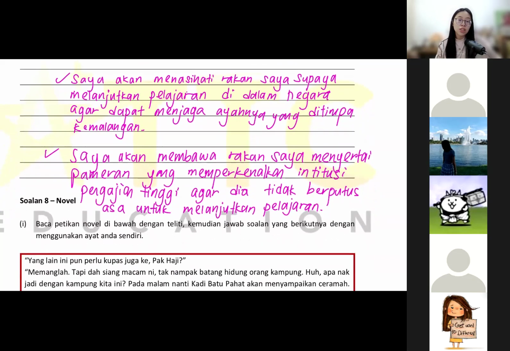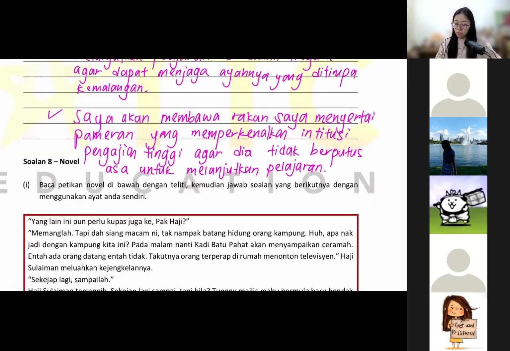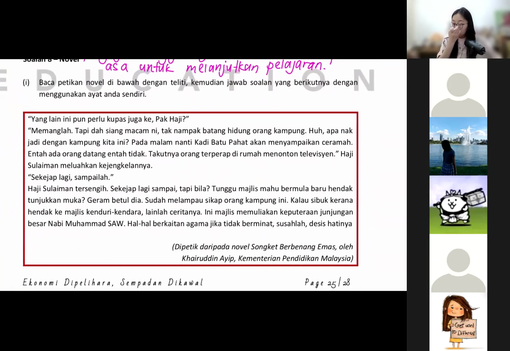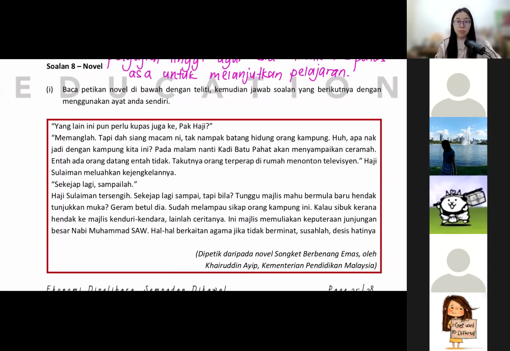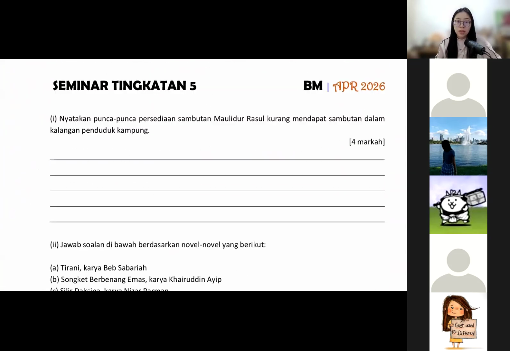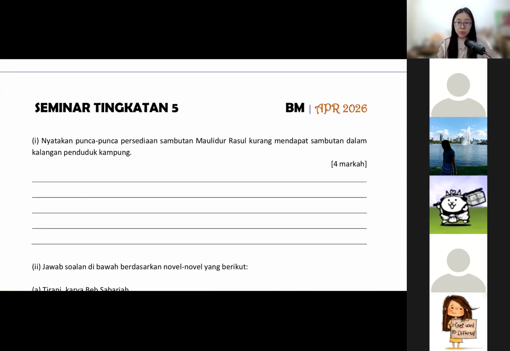Okay, normally question number 8, like 3, 2, 1. Number 8, the first question normally is based on the petikan. So you need to at least find the answer from there. Don't just leave it blank. Got answer in here. Now, this one is saying punca-punca persediaan sambutan Maulidur Rasul kurang mendapat sambutan dalam kalangan penduduk kampung. So what is the reason?